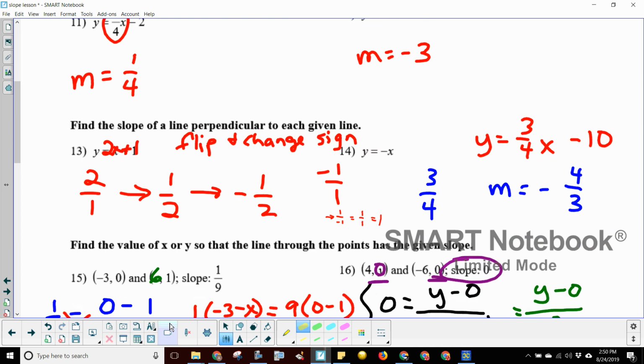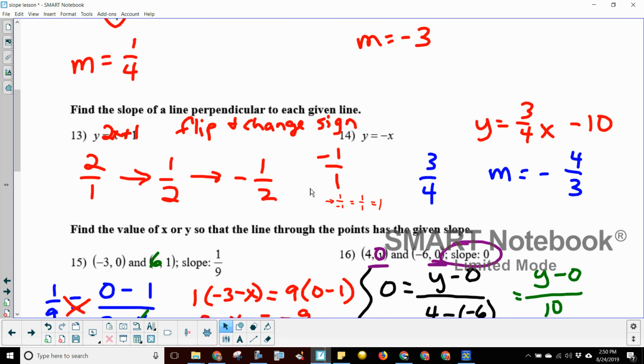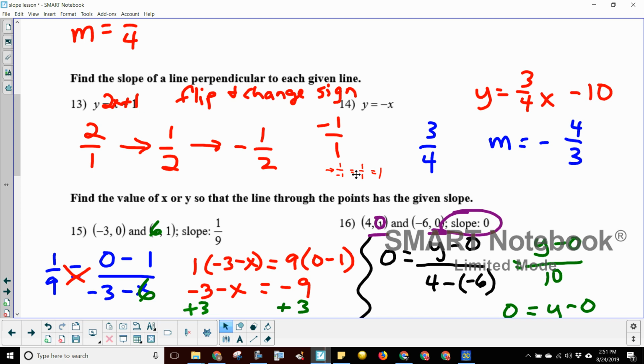Perpendicular, and I changed these examples because it gave me some stupid ones. Perpendicular, opposite reciprocal is technically the term, but you just flip and change the sign. So I said this was 2x plus 1 because the one that I had was dumb.